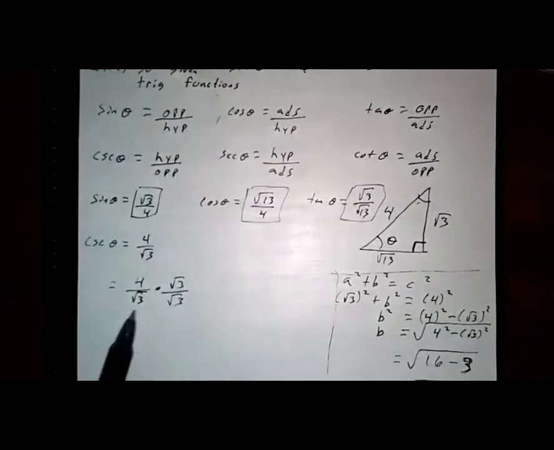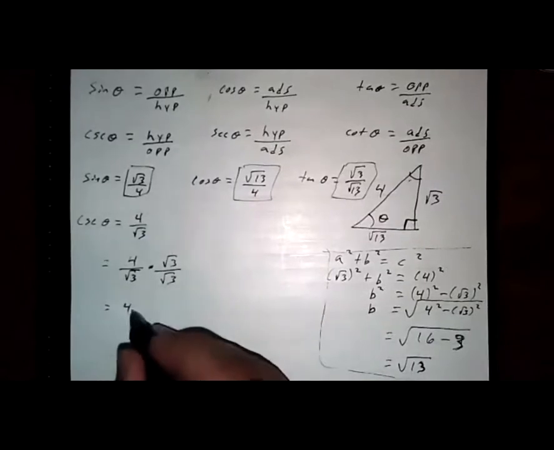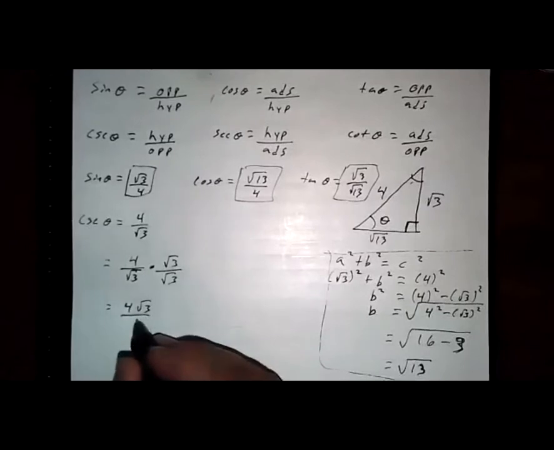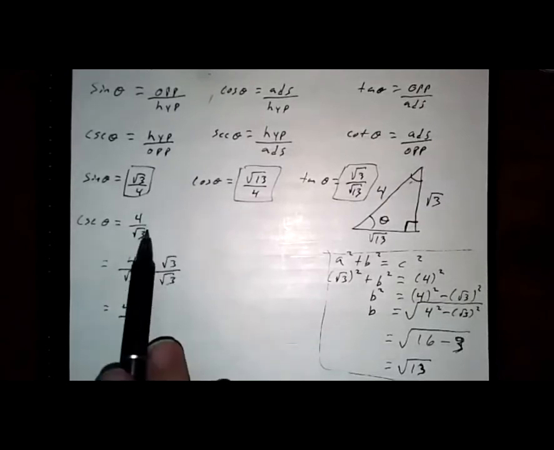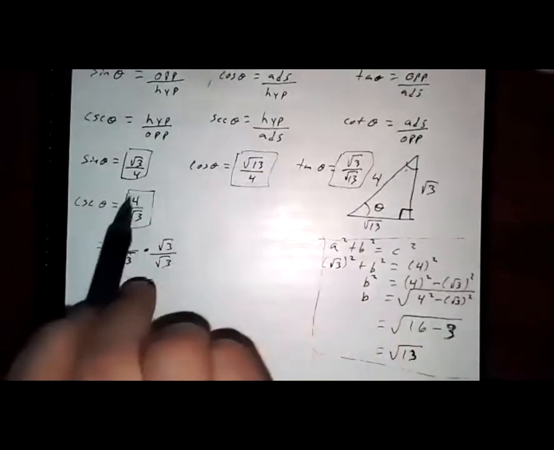So we kind of have to force a square to happen by multiplying the top and the bottom by root 3. So that becomes 4 root 3 over 3, which is the same as this. So they might want this one in the homework, or they might take the other. I don't know. You'll find out, I suppose. Or they might tell you.